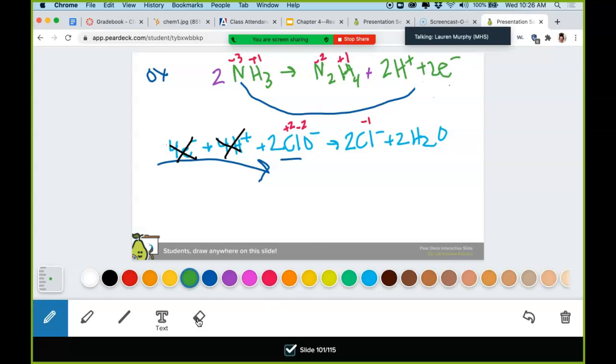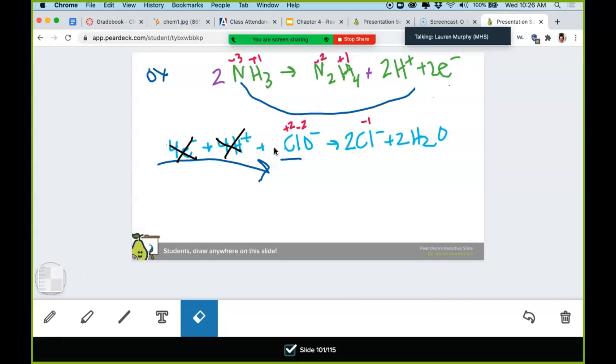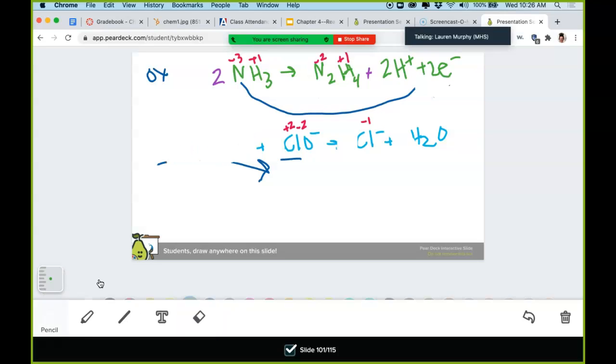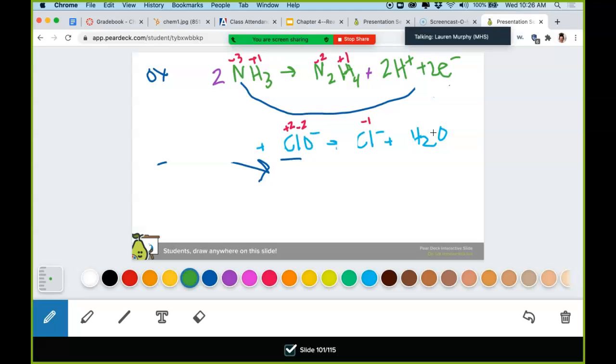That also means I didn't have to multiply the bottom equation by anything because it already had 2 electrons, if you remember. We added a water, that gave me 2 hydrogen ions, and then I needed the 2 electrons: 2 hydrogen ions, 2 negatives, this is 0, this is -1, this is -1. So this is fixed now.